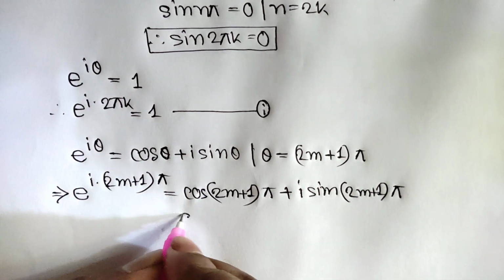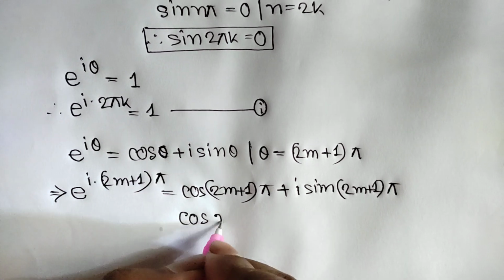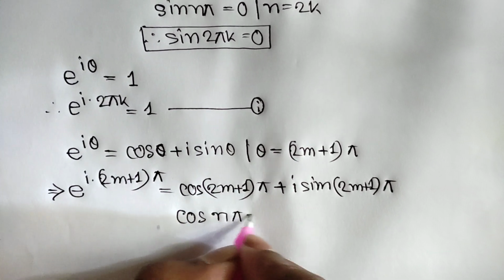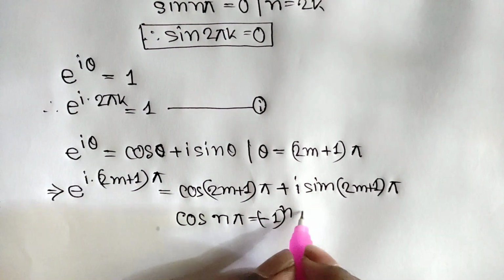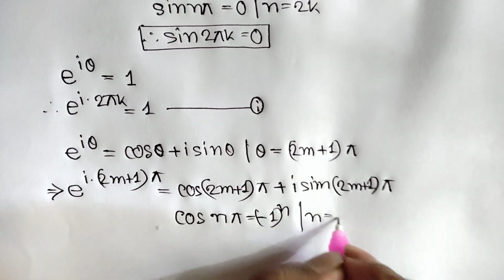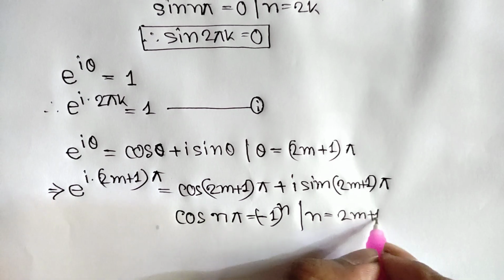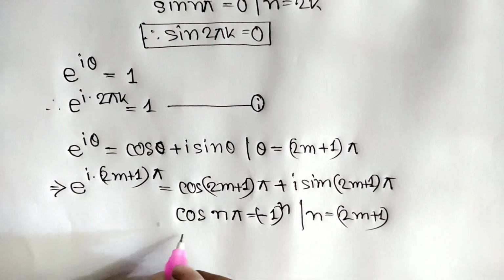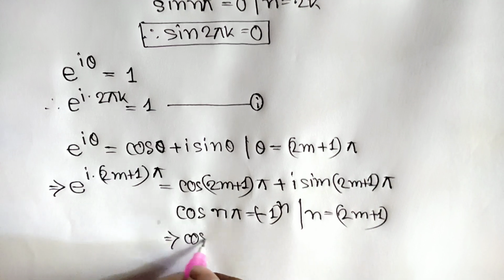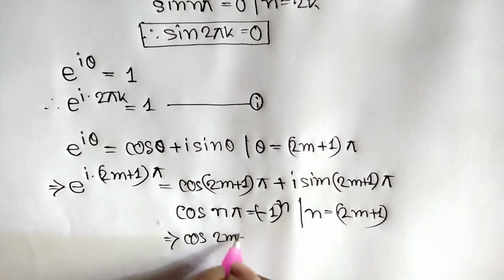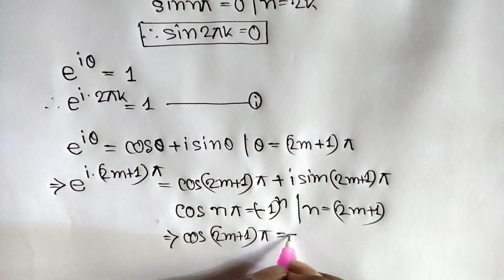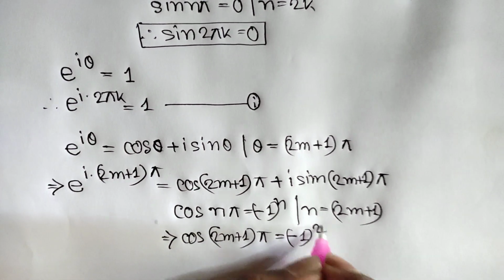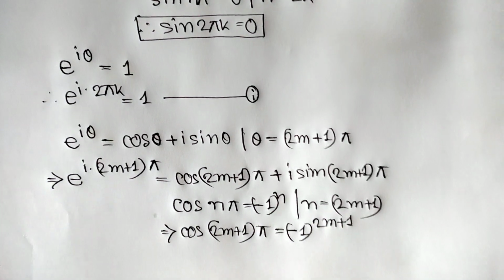Again we know cos n pi is equal to negative 1 to the power n. Now substituting n is equal to 2m plus 1, we will get cos (2m plus 1) pi is equal to negative 1 to the power (2m plus 1).